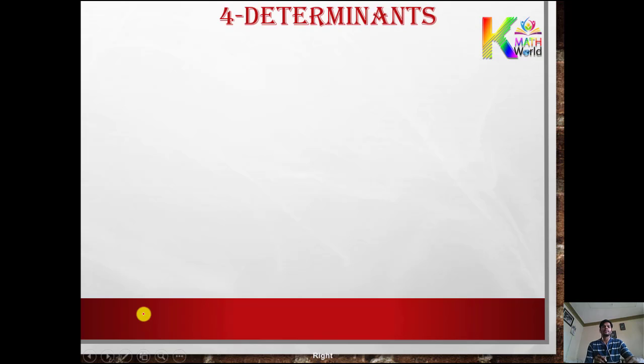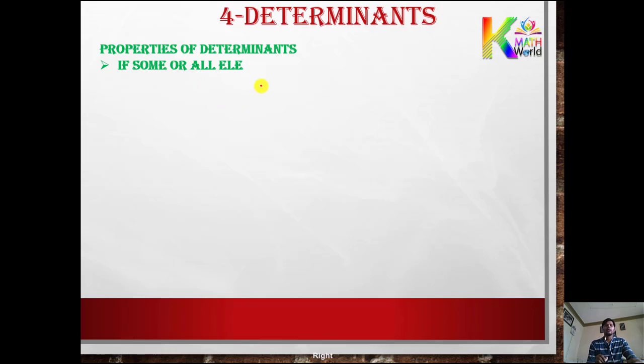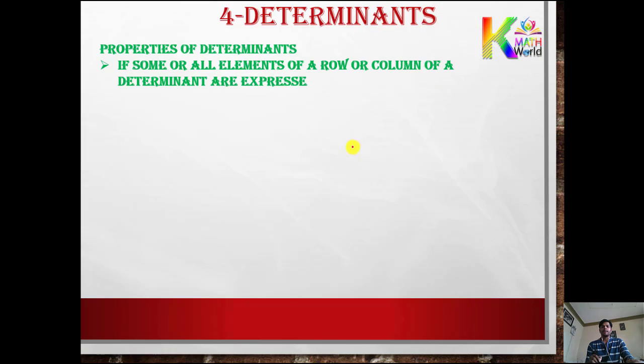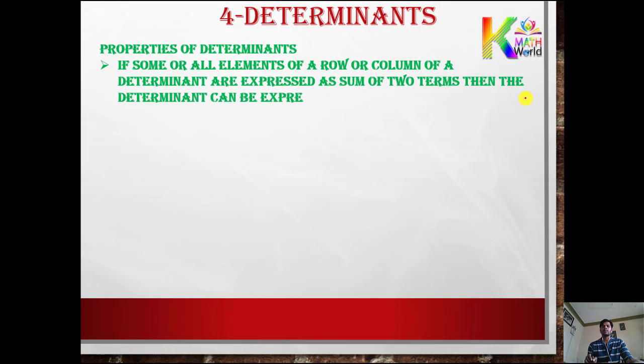See the next property. If all elements of a row or a column of a determinant are expressed as a sum of two terms, then the determinant can be expressed as a sum of two determinants.